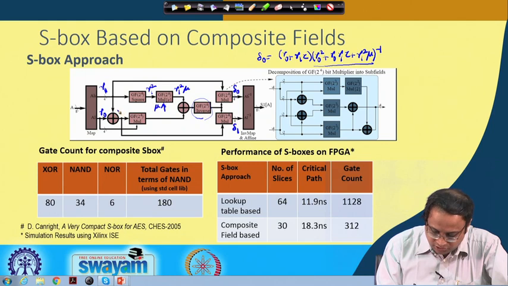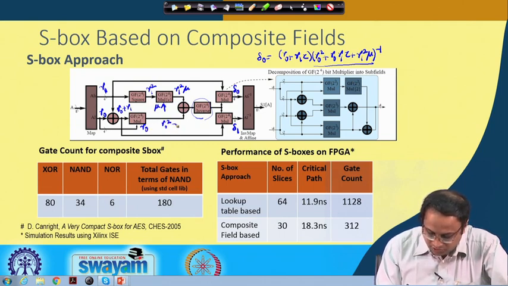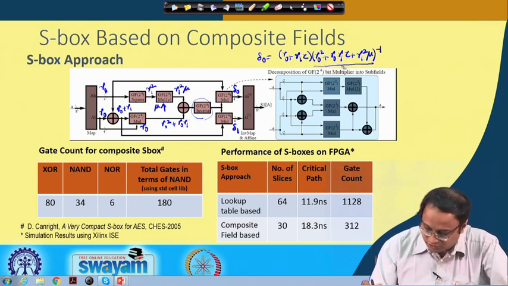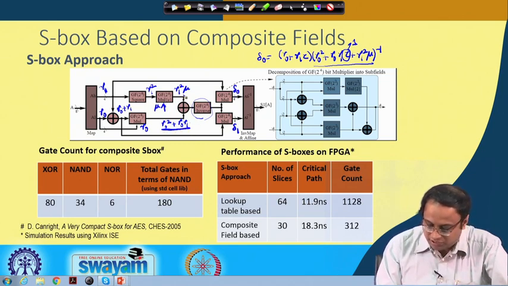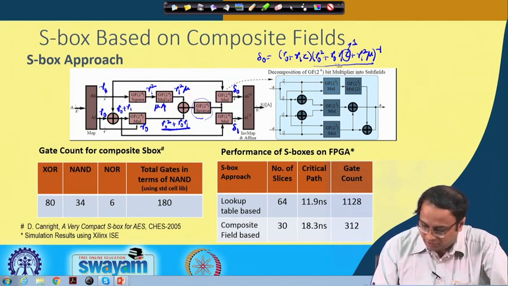Here you calculate gamma 0 plus gamma 1, and that is passed here, and this input is gamma 0. When you multiply this, you get gamma 0 squared plus gamma 0 gamma 1, and that is this part. Here we have assumed tau to be 1. So you have gamma 0 squared plus gamma 0 gamma 1, and you add that with gamma 1 squared mu, then pass it to the input of the GF(2^4) inverse, and you get this result.